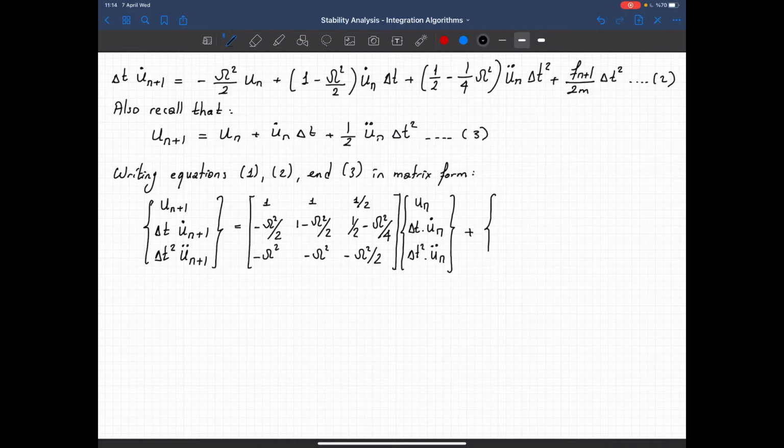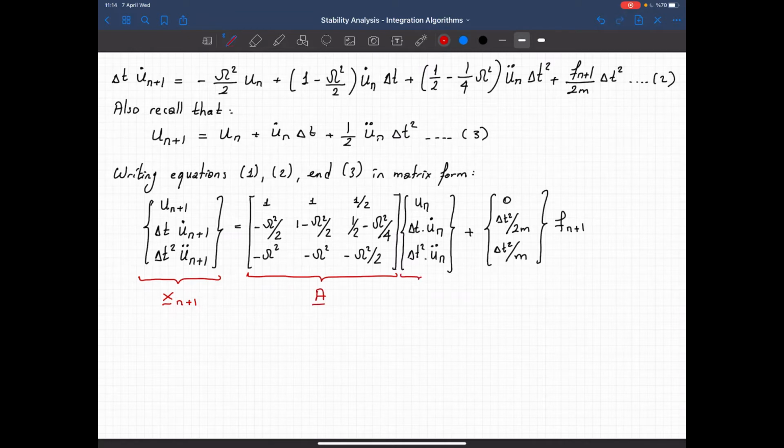plus I have 0 here, delta t squared over 2m, delta t squared over m here, multiplied by the force f n plus 1. I will call this vector my quantities at n plus 1. This is my coefficient matrix, let's call it A. These are again the displacement, velocity and acceleration parameters at the nth time step.